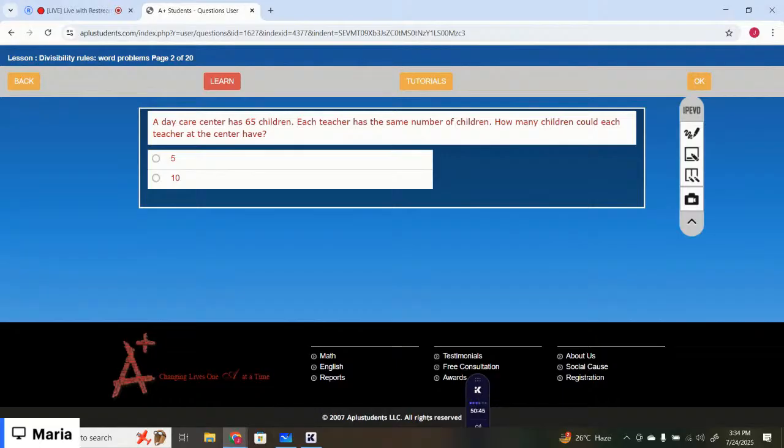A daycare center has 65 children. Each teacher has the same number of children. How many children could each teacher at the center have?